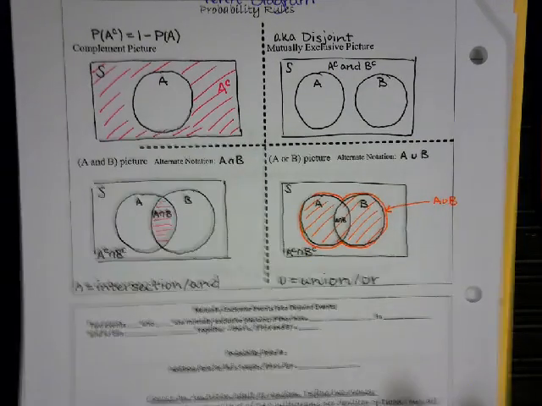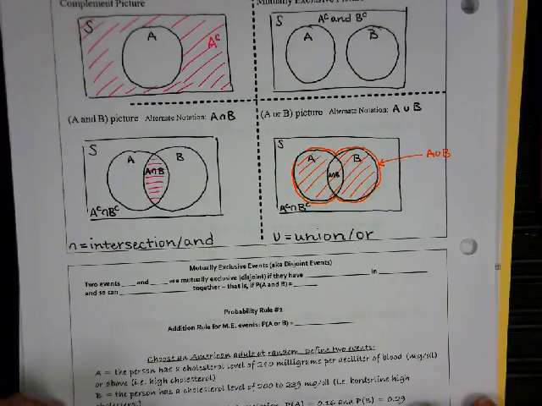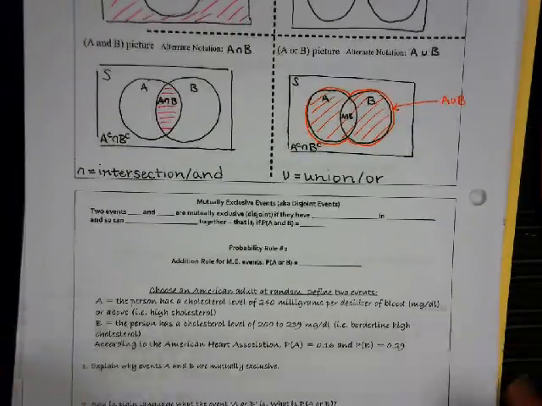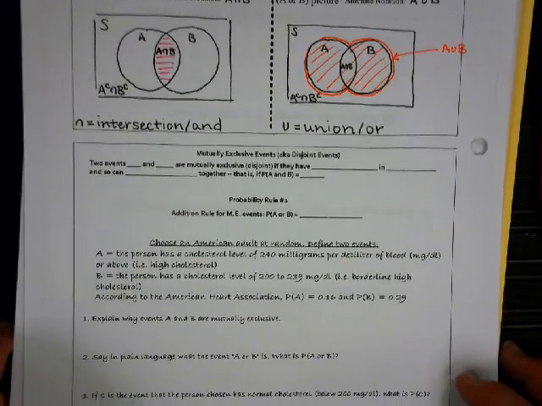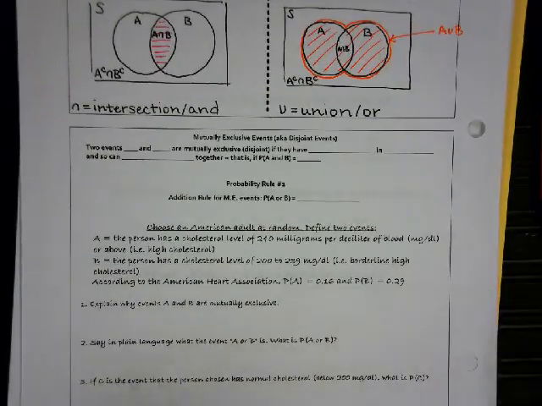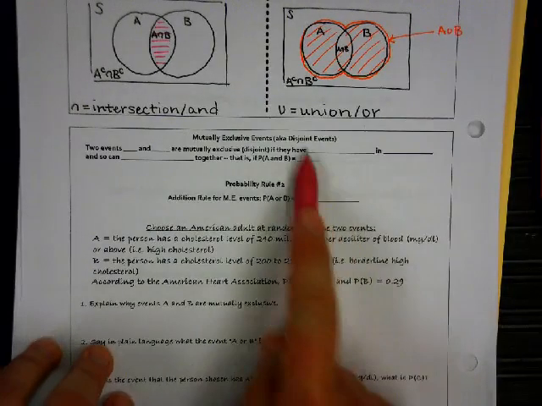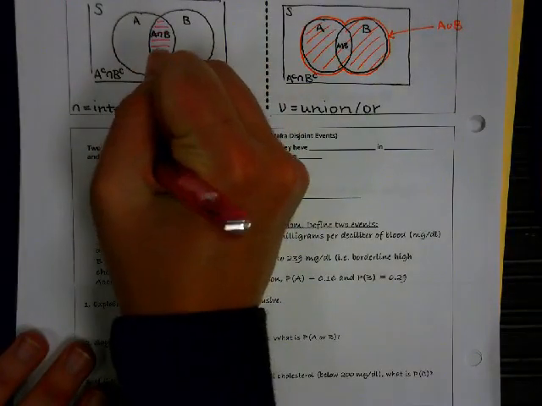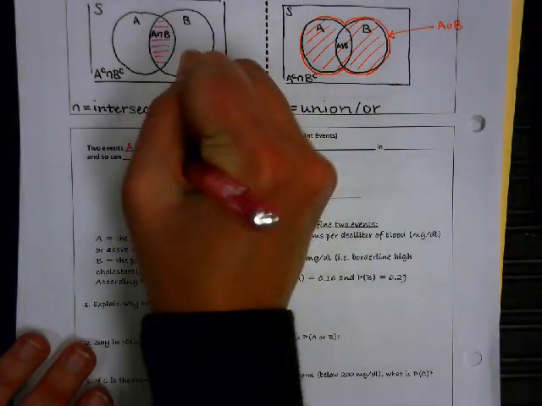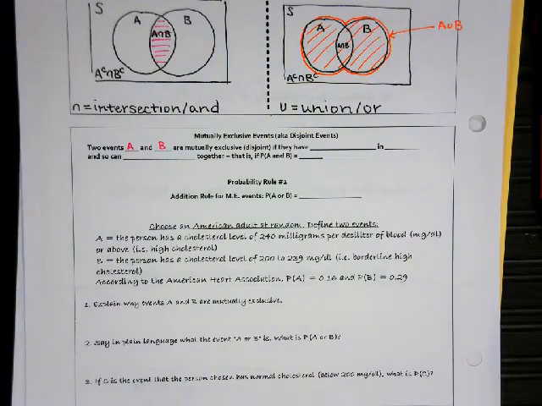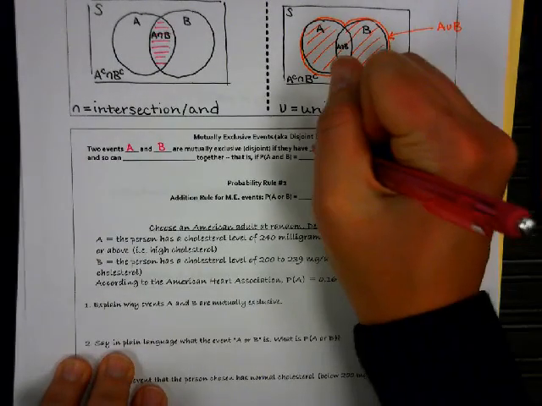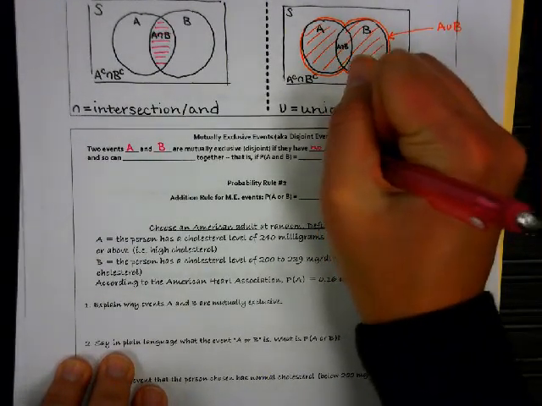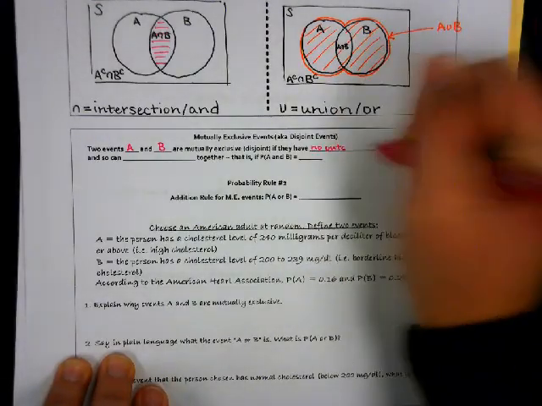All right, so like I said, I'm going to define mutually exclusive events. I also put that they're known as disjoint down here. So if you have two events, A and B, they are mutually exclusive or disjoint if they have no outcomes in common, and so can never occur together.